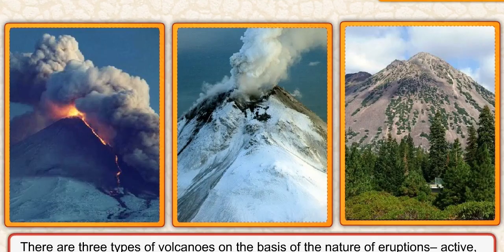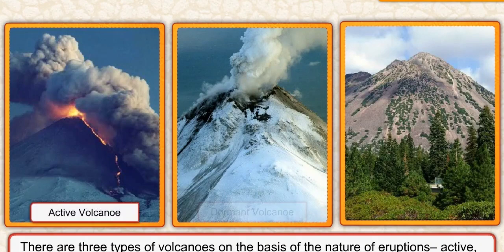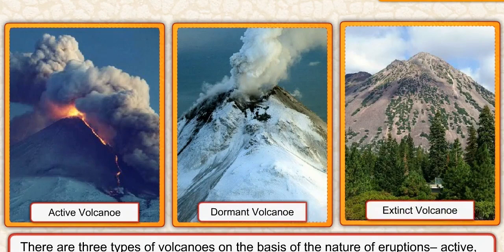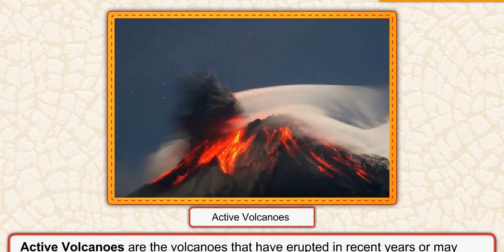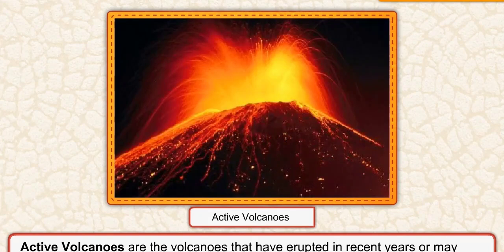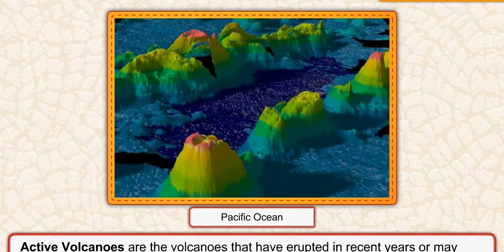There are 3 types of volcanoes on the basis of the nature of eruptions: active, dormant, and extinct volcanoes. Active volcanoes are the volcanoes that have erupted in recent years or may erupt at any time. Many active volcanoes are found around the Pacific Ocean.